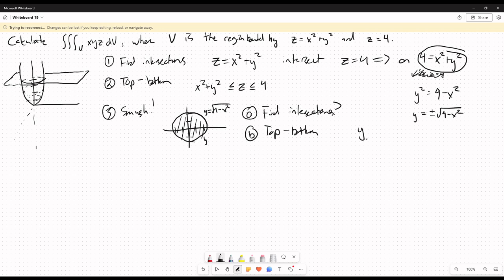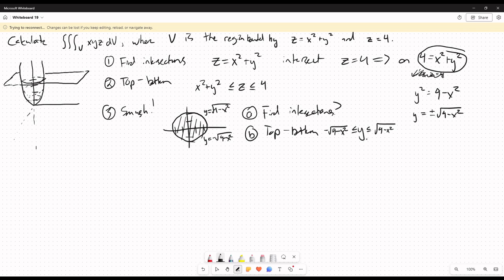This bottom part is y equals negative square root of 4 minus x squared. So what I have here is that y is between negative square root of 4 minus x squared and positive square root of 4 minus x squared.